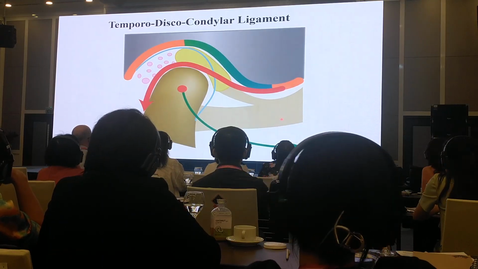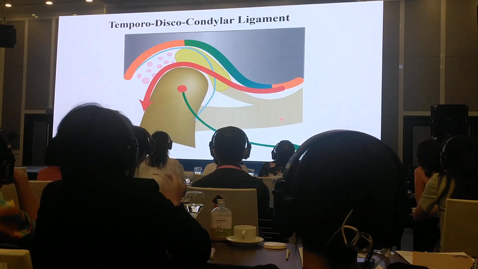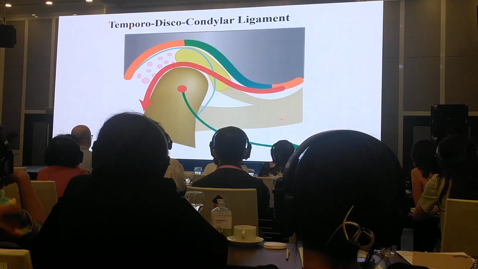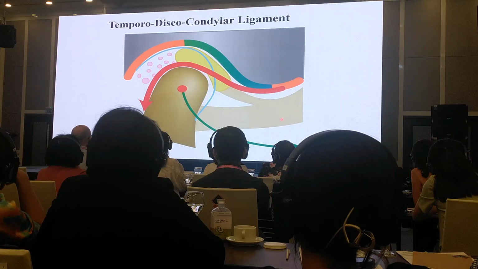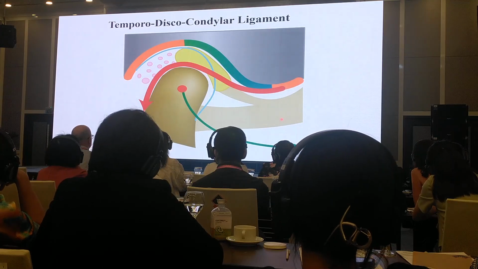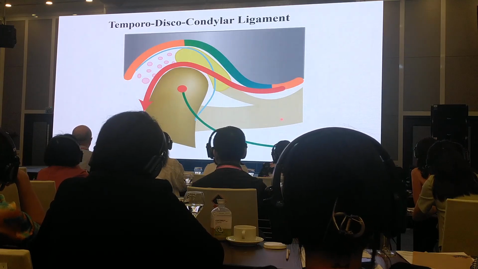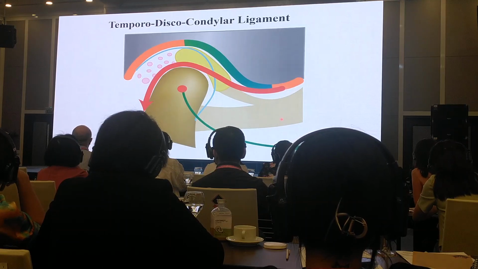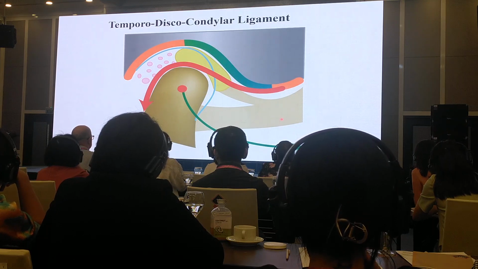This also keeps the condyle in a forward position. Ligament is not like a muscle system. Ligament is ligament, very strong fiber. It keeps the condyle forward.